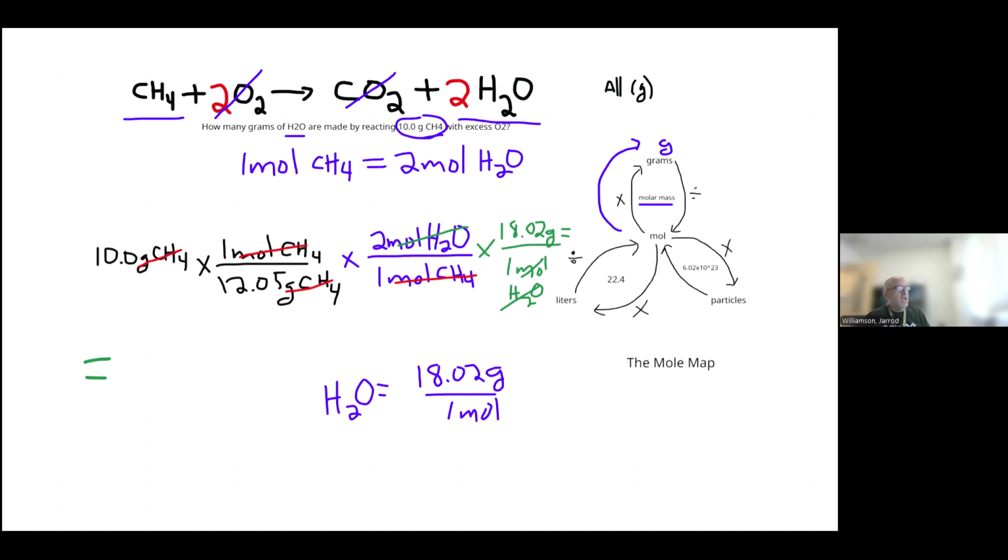That's going to give me 29.9 grams of water. Okay, that's how you do that, guys. I hope that helps. I'll do some more later.